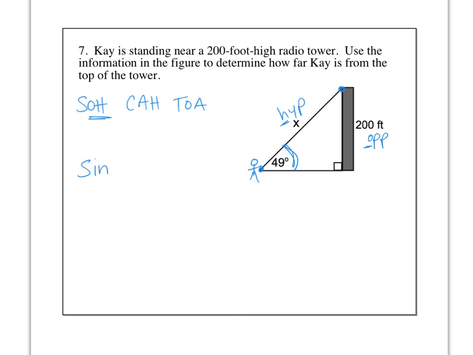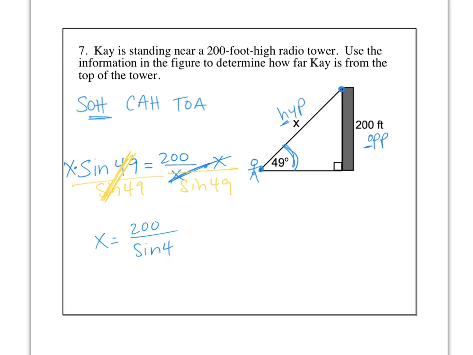So sine, remember, then it's the angle, so sine of 49 equals opposite over hypotenuse. X is on the bottom. So you're going to multiply by x. Then you're going to have to divide by sine 49 to get x by itself. Whatever you do on one side, do on the other side. These cancel out. So x is going to equal 200 divided by sine 49.